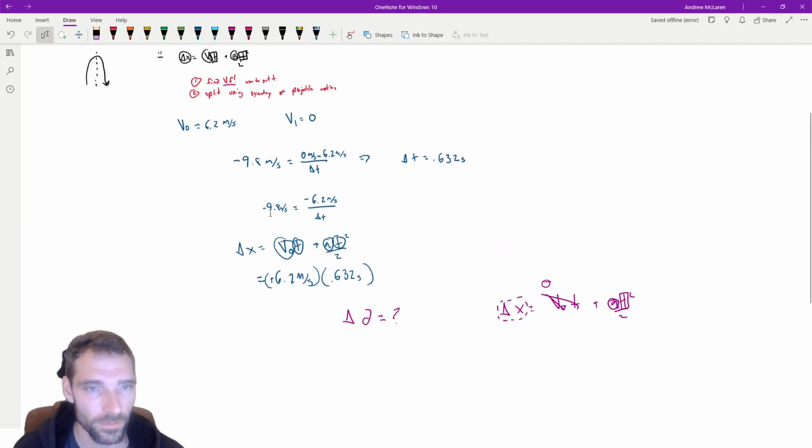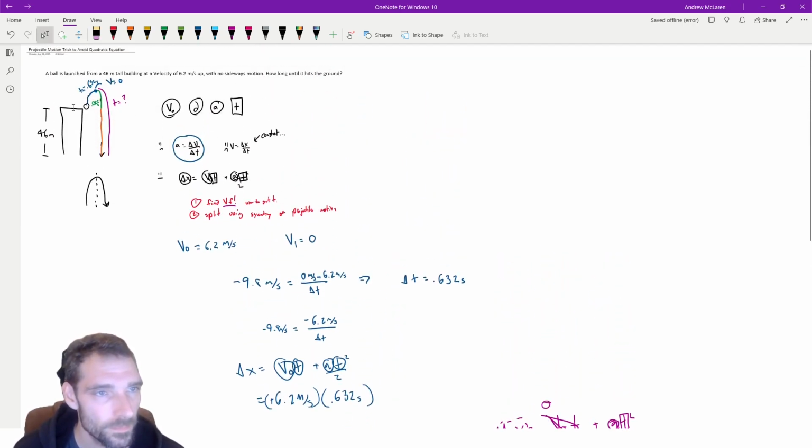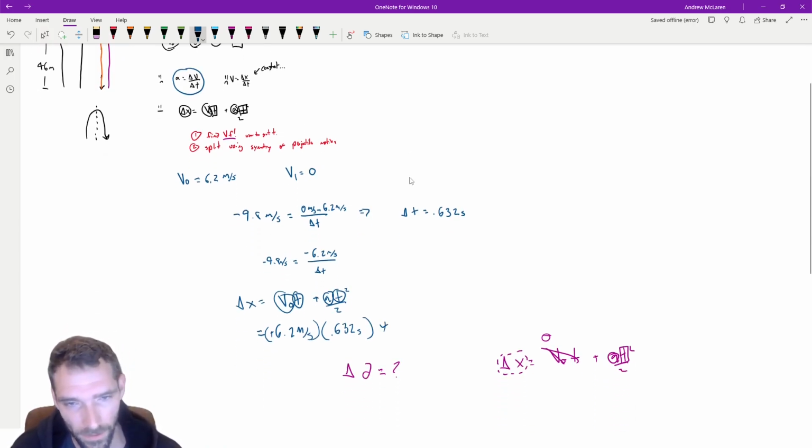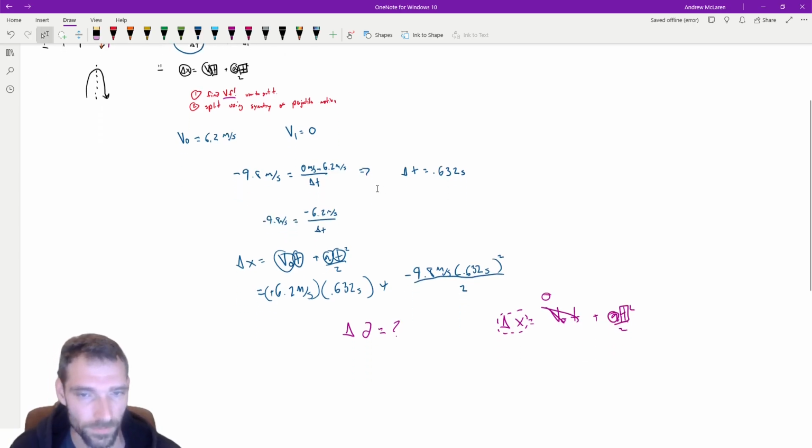Those are both known, because the v initial for the blue motion as well as the overall thing is at 6.2. And then we have our acceleration at negative 9.8 meters per second squared. And we've got our time, 0.632 seconds, which will be squared all over 2.